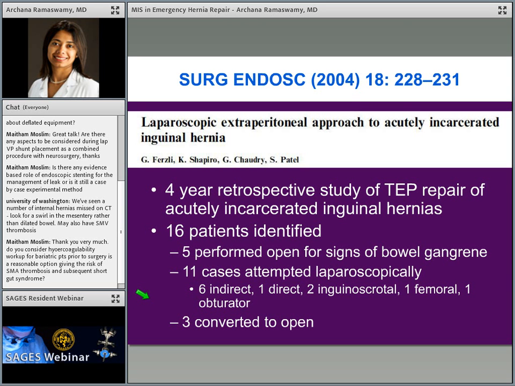With their maneuvers of reduction, they again found that a certain percentage reduced during anesthesia. Again, not surprisingly, with the chronically incarcerated, only so many reduced during anesthesia, whereas with the acute incarceration, a higher percentage did reduce during anesthesia.